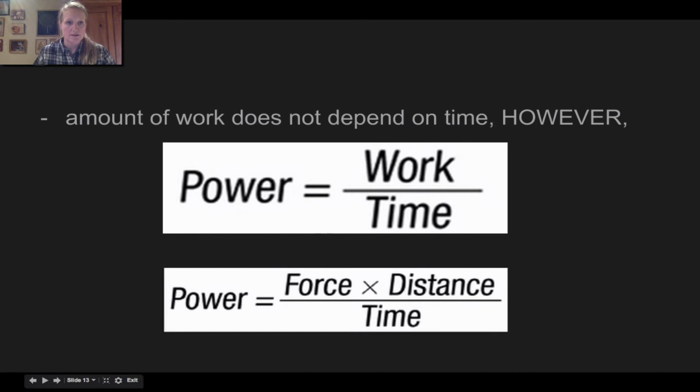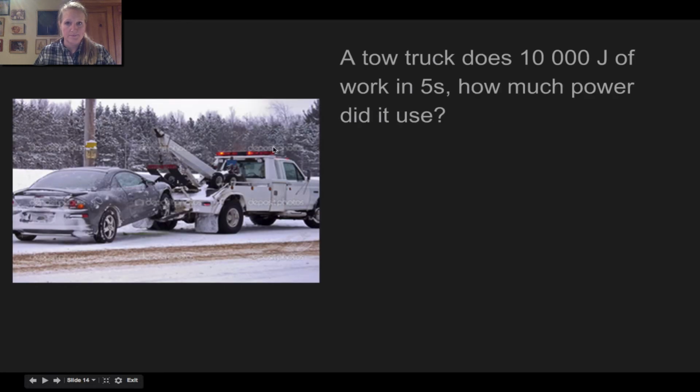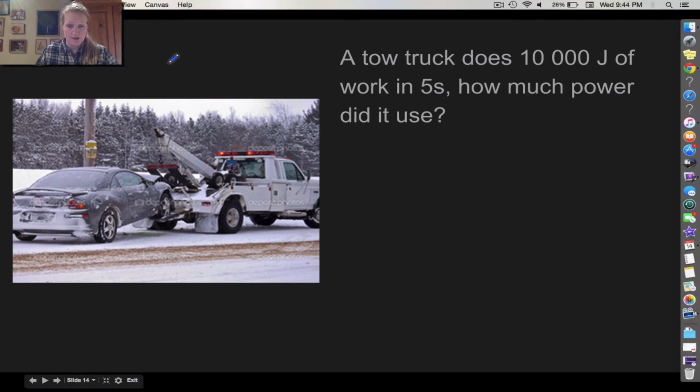Okay, so let's look at some other examples here. A tow truck does 10,000 joules of work in 5 seconds. How much power was required for that? So we plug it into our equation. Power is equal to work divided by time.